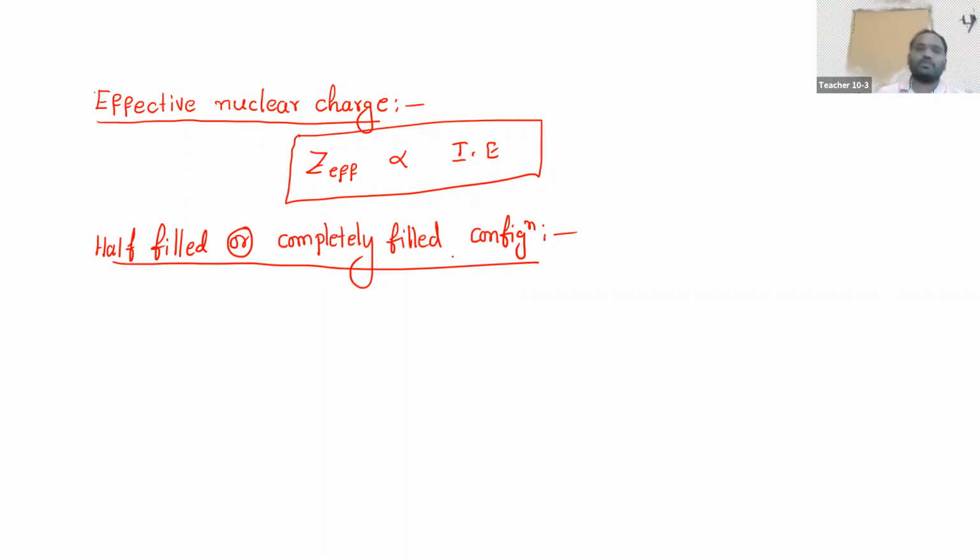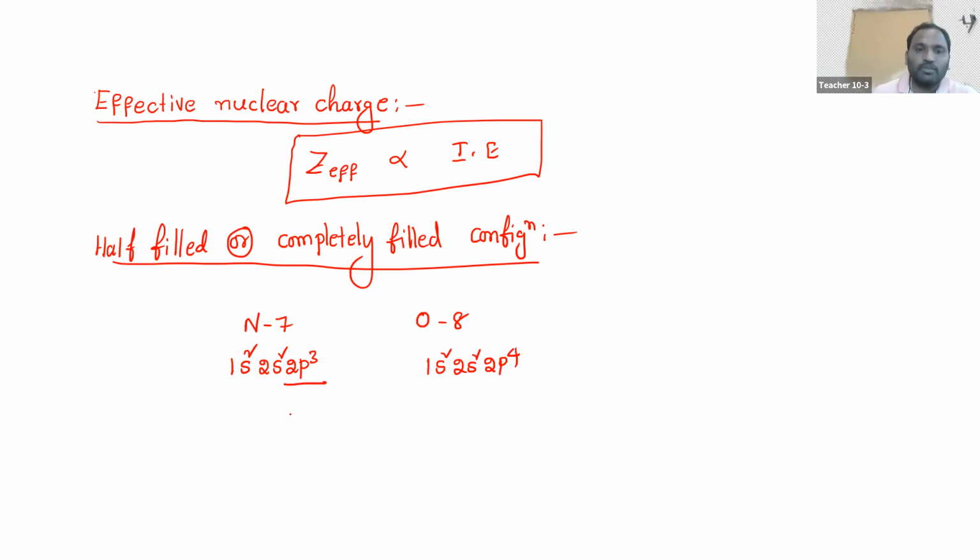Students, take nitrogen, atomic number 7. Its electronic configuration is 1s2, 2s2, 2p3. Oxygen, atomic number 8, has electronic configuration 1s2, 2s2, 2p4.